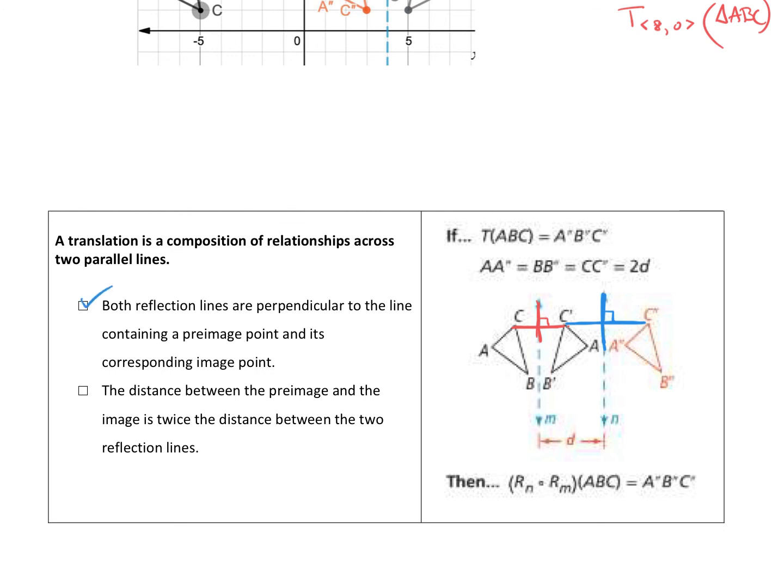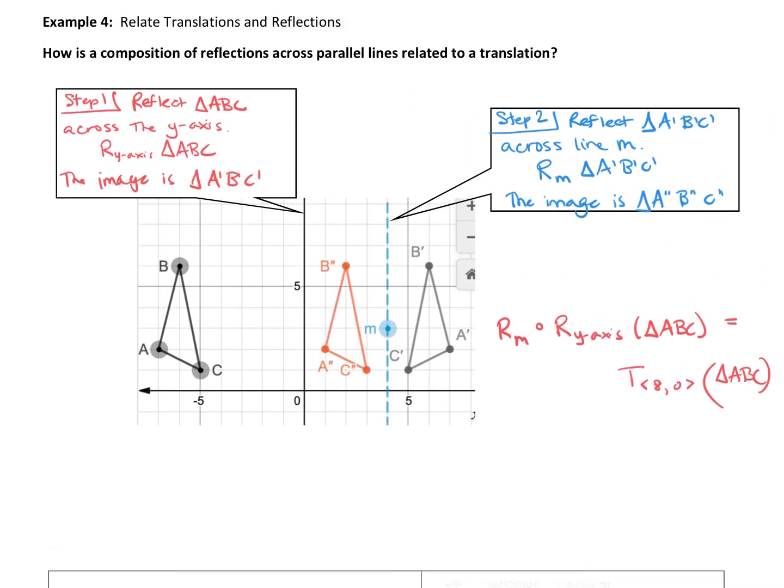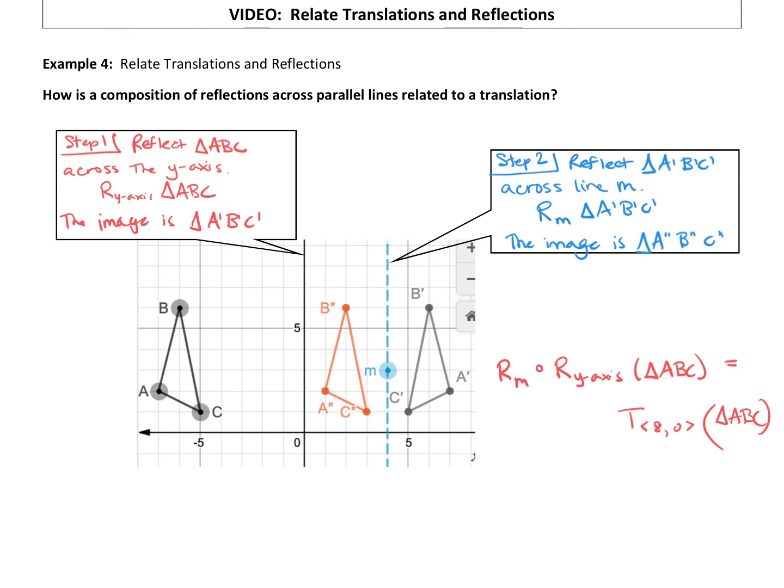The distance between the pre-image and the image is twice the distance between the two reflection lines. Let me show you what that looks like in this example up here. So the distance between the pre-image and the image. I'll work with point B. The pre-image is point B. The image is the final resulting image, which is B double prime. So what is that distance between those two?